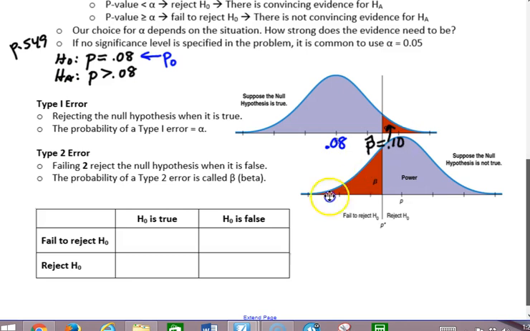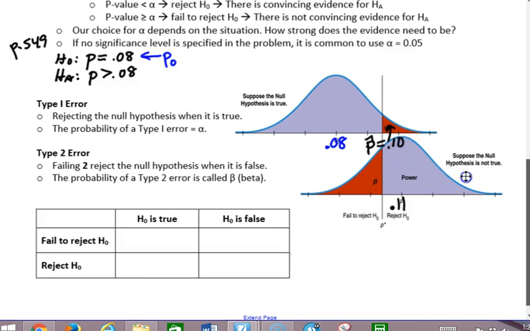So let's let this curve represent the true proportion of potatoes with blemishes in this shipment. Let's say the true proportion of potatoes with blemishes in this shipment is 11%. So this is a bad shipment of potatoes.